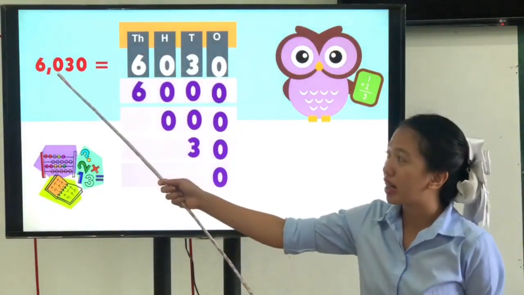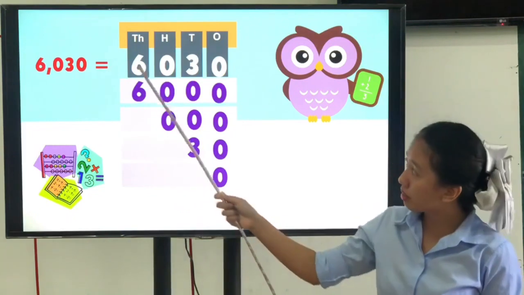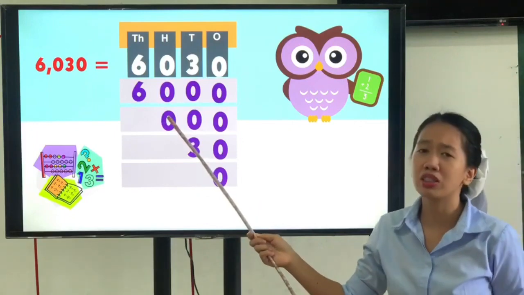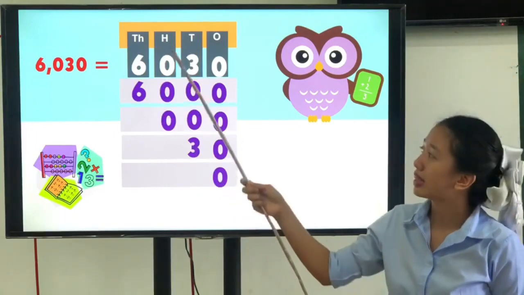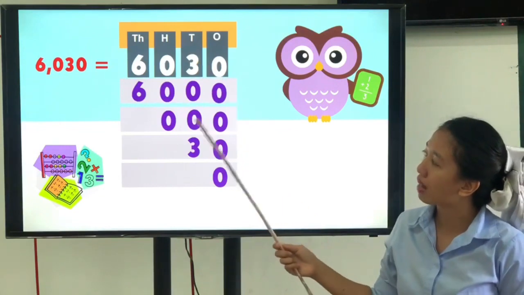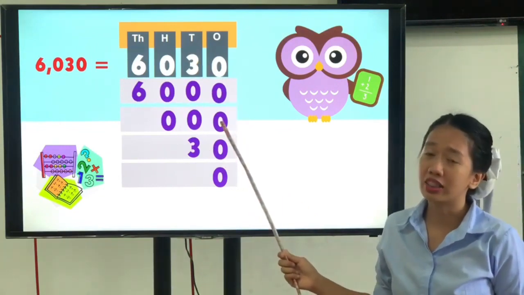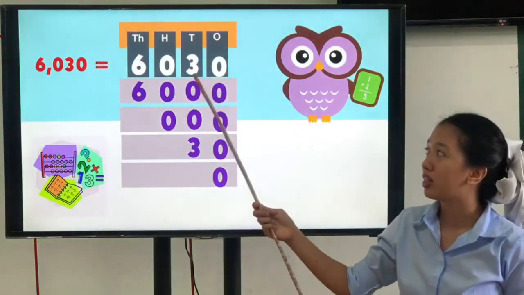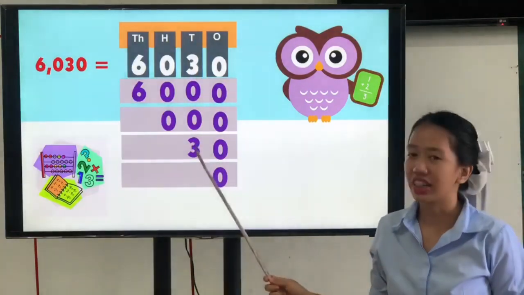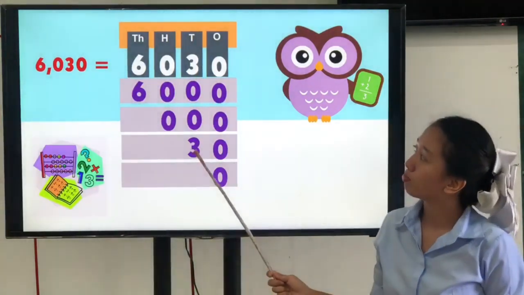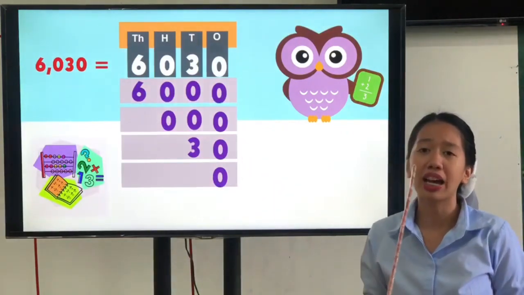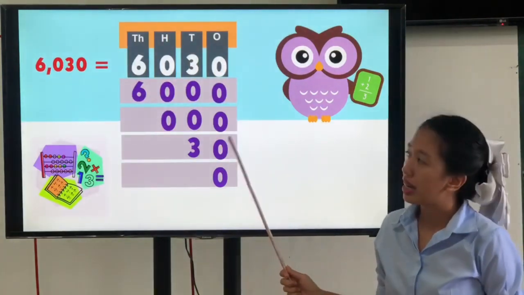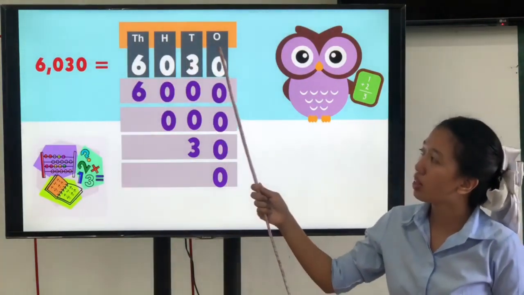Next we have our hundred place. What is the value of our hundred place? Okay, 0. So how many zeros do we have for 100? Let's count. 1, 2. So we have 2. Next, we have our tens. What is the value of our tens? Okay, 3. Let's put 3. How many zeros do we have for tens? Let's count. 1. Only 1. And after the tens, we have the ones.